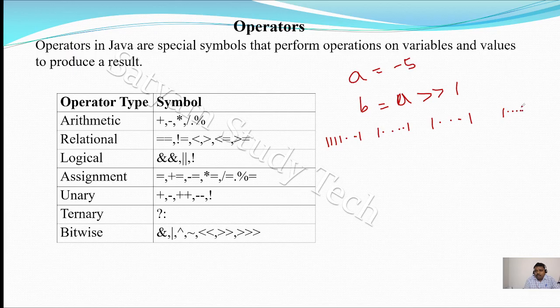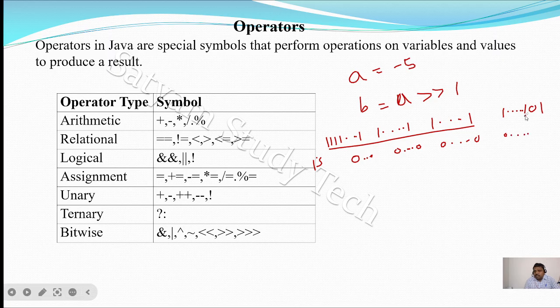Here 5 means 101, okay? Since it is minus, it represents the sign bit 1. After that you perform the 1's complement, so these bits are all zeros: 8 zeros, 8 zeros, 8 zeros.